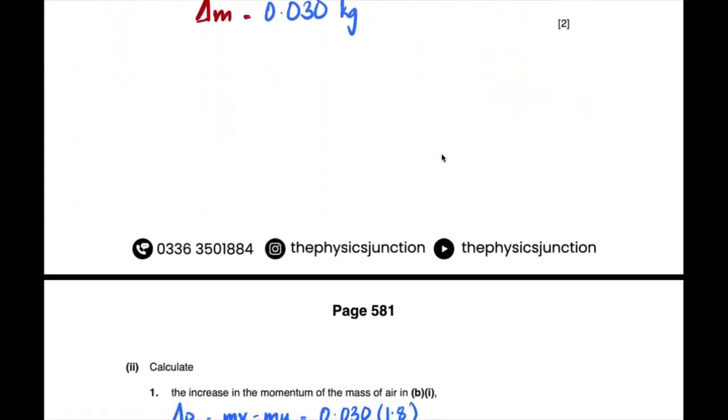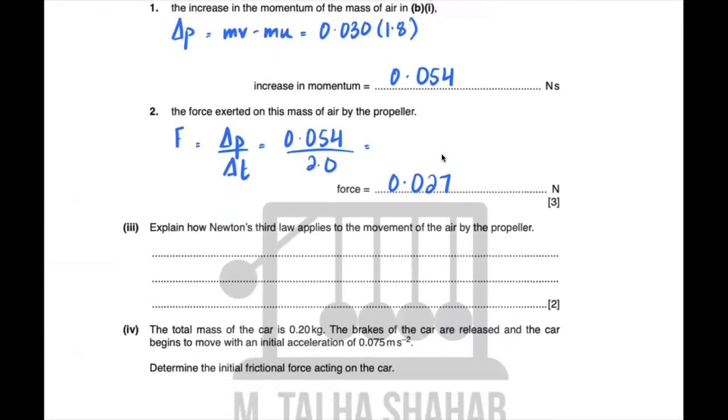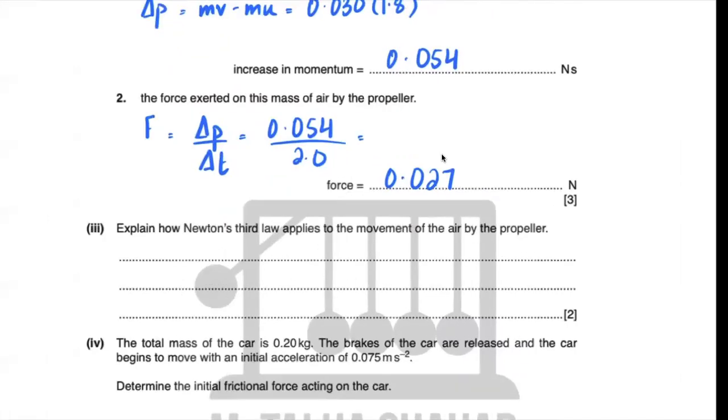So if asked that way, you should have been able to explain this in terms of momentum as well. Anyway, here I'll just say this. So the force applied by the propeller on air is to the left.